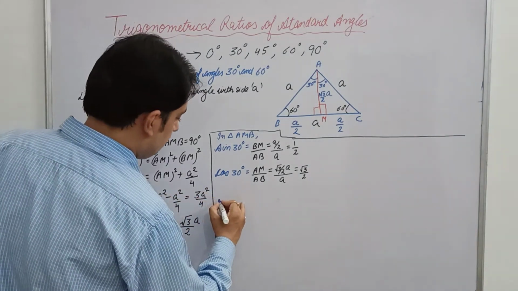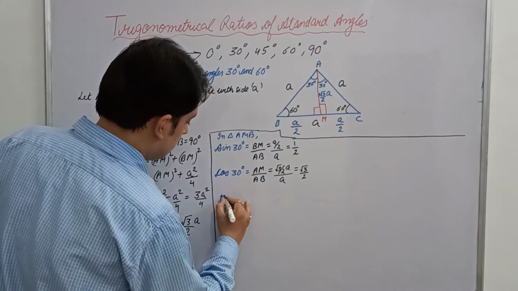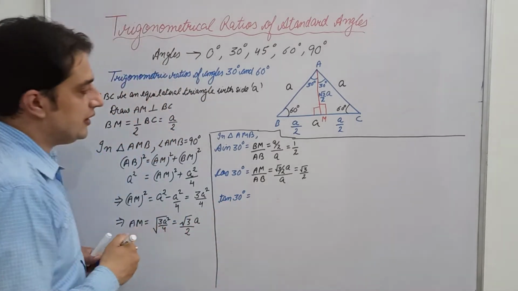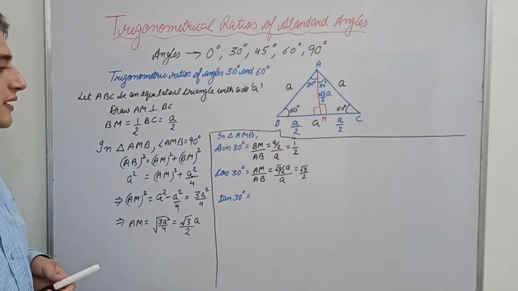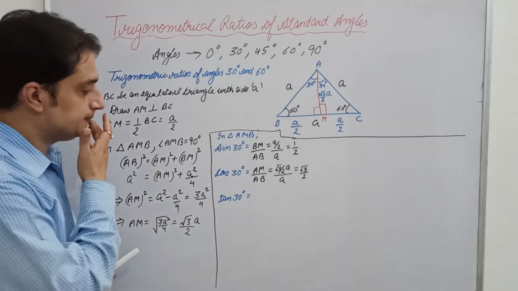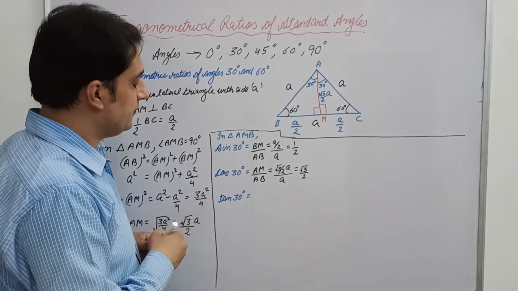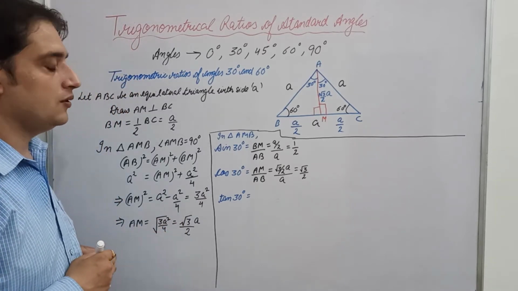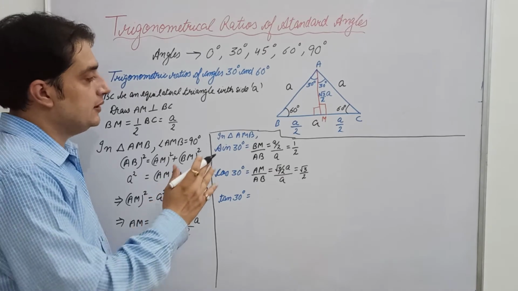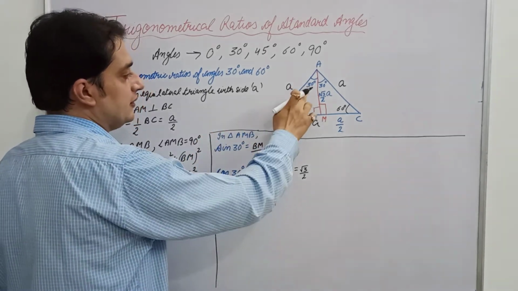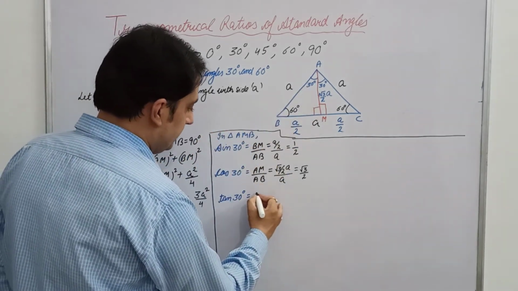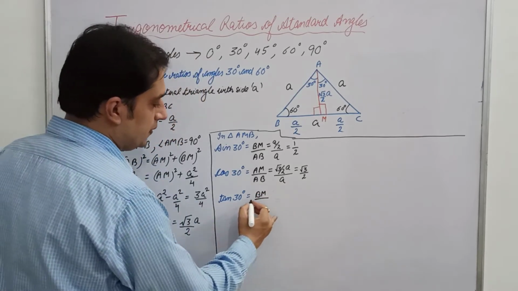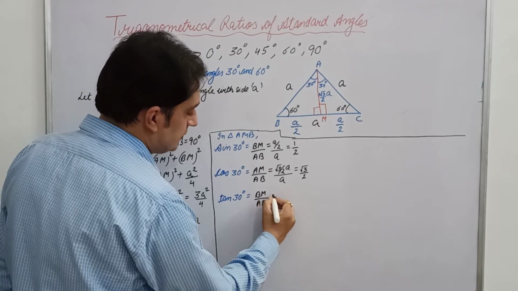Now the next T ratio, that is tangent of an angle, and the angle is 30 degree, because the T ratios are meaningful when they are associated with angles. For 30 degree, tan 30 degree, you know tan is the ratio of perpendicular and base. So perpendicular for 30 degree, the opposite side, is BM, upon AM, the base.